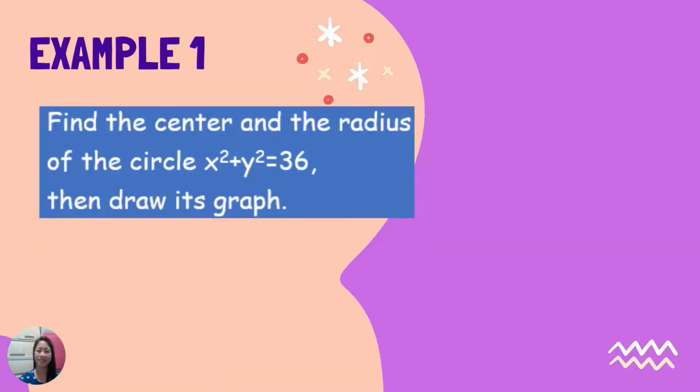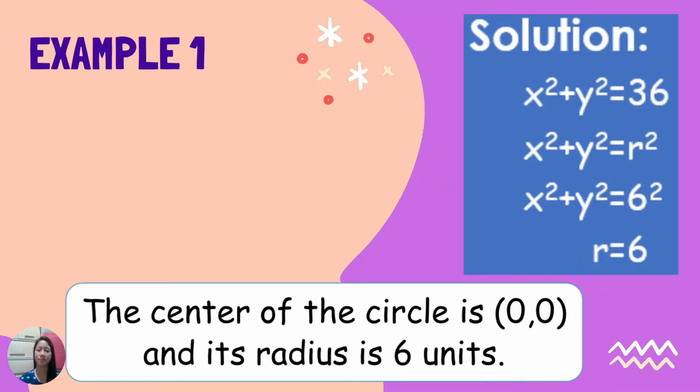Now, let's discuss some examples in graphing and solving problems involving circles. Example 1. Find the center and the radius of the circle x^2 + y^2 = 36. Then draw its graph. In this problem, we need to determine the center and the radius from the given equation and draw its graph.